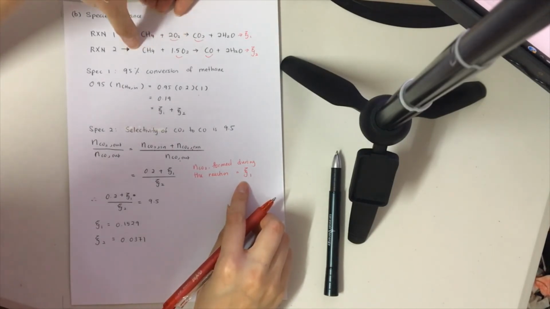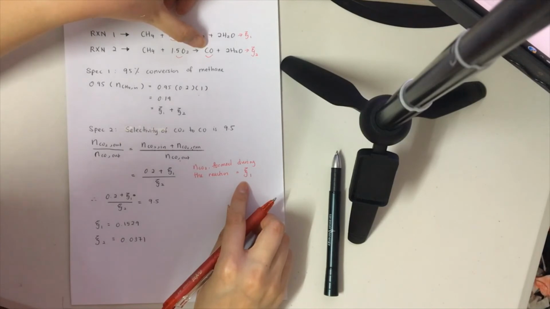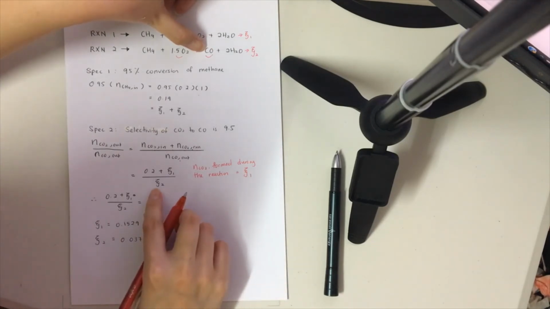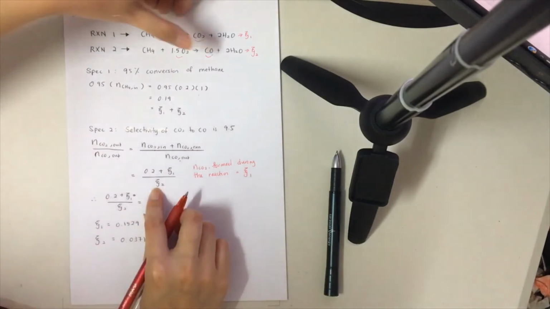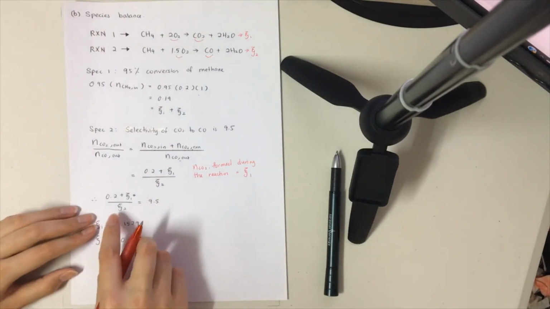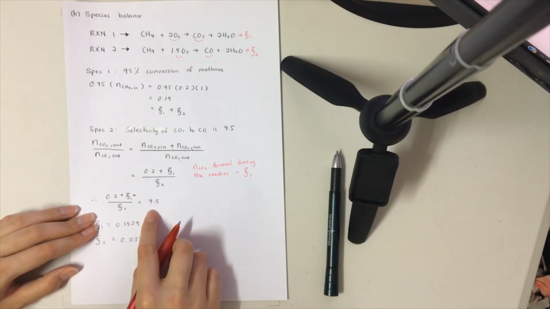And for reaction number 2, the main product is carbon monoxide. So the number of CO formed coming out is actually the extent of reaction number 2. With that, we get this equation.